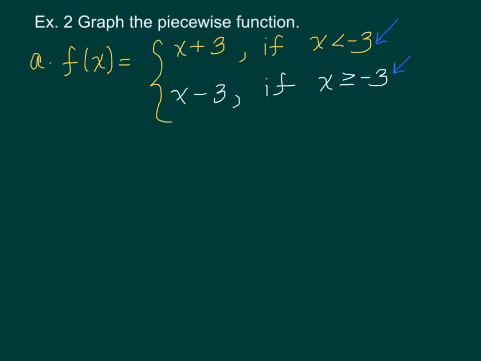So for the first graph, here's x, here's y. You have to use -3, and then anything smaller, so I'll use -5. And then for this one, we have to use -3 and anything larger, so I'm going to use 0. So you can choose what x values you want to plug in. Now, the only difference is, and I know people are saying, well, -3 is not smaller than -3.